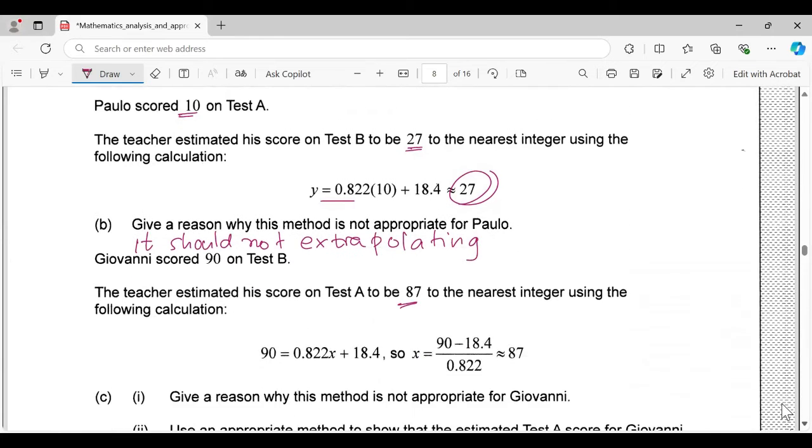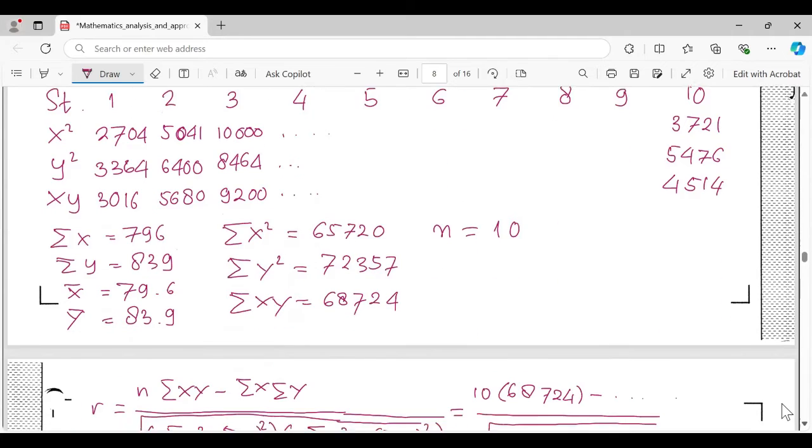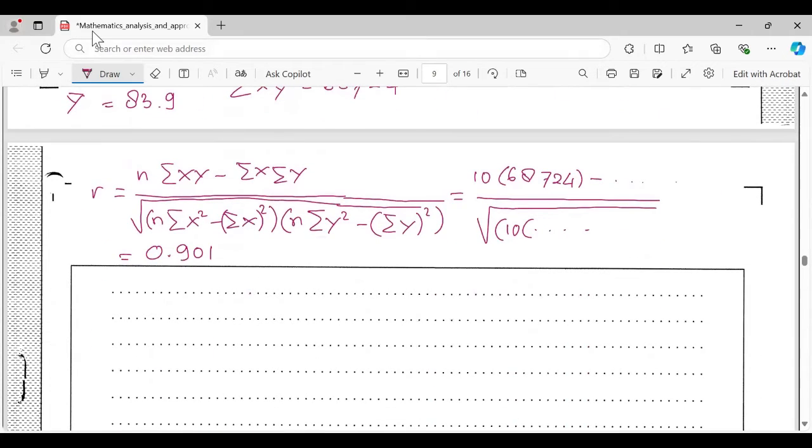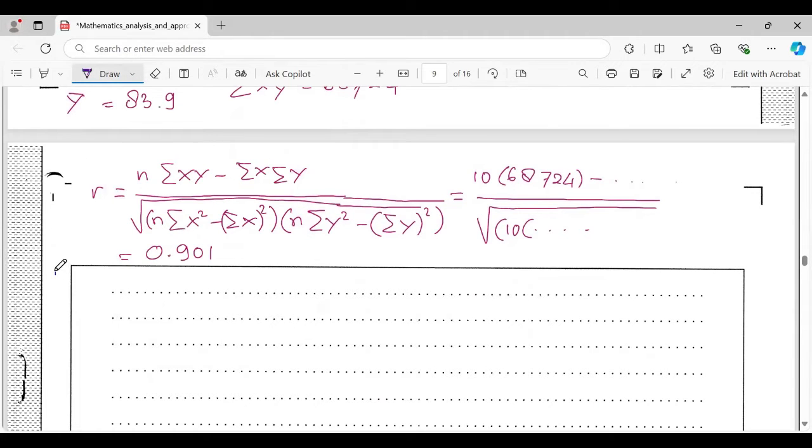Question C. Give your reason why this method is not appropriate for Giovanni. Why not appropriate? Because part B, I'm going to change the color. Okay. Yeah. Part B, part C, sorry. Part C, point one.